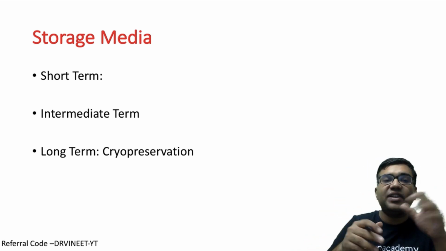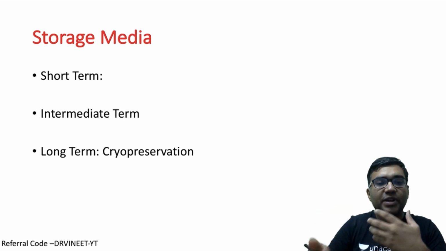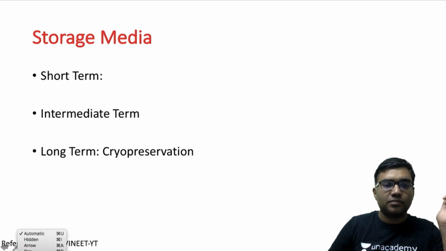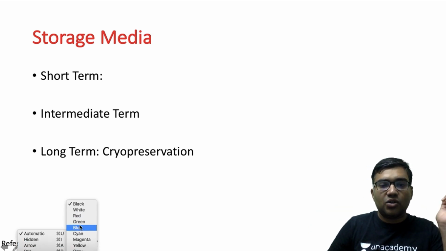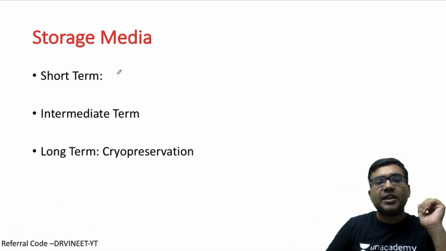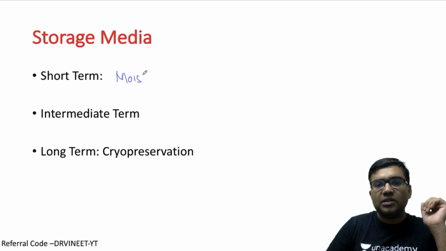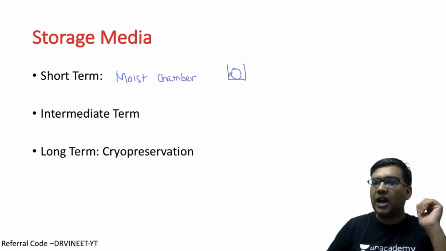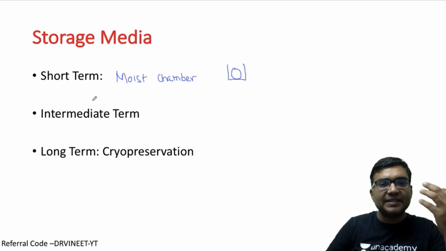So for this, we can have various types of storage media. So remember, for short term, we can remove the whole eyeball and we can put it in a moist chamber. Okay, so there is a moist chamber and here we put the whole eyeball. For this, we have to use it within 48 hours.